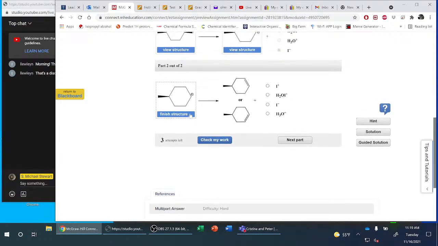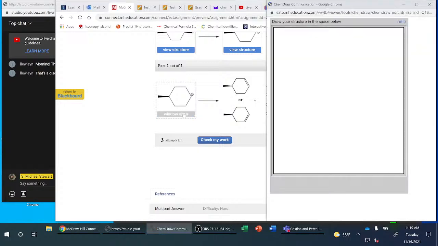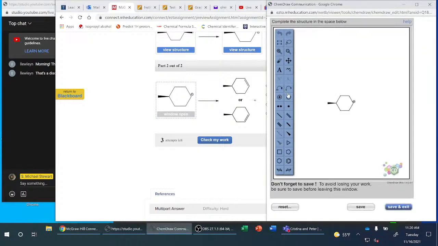Now what water is going to do here in this mechanism is, it's going to make you draw the water in, I guess, just to make you do it. And you're going to have to draw the hydrogen too.